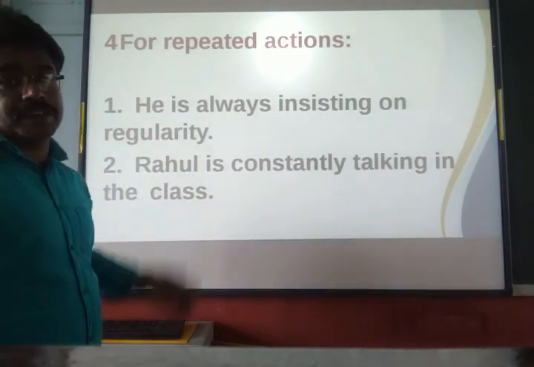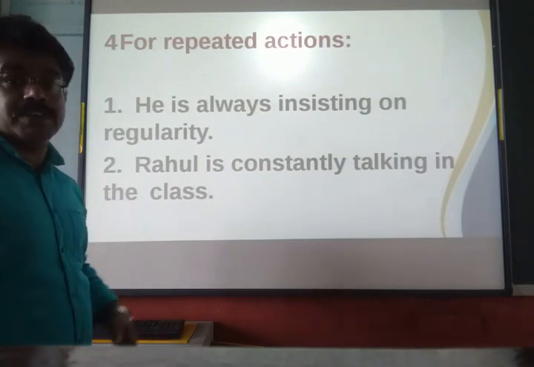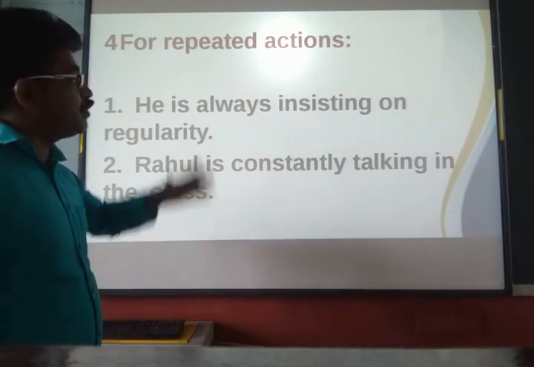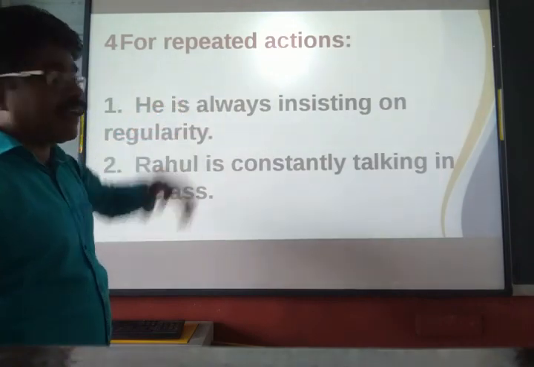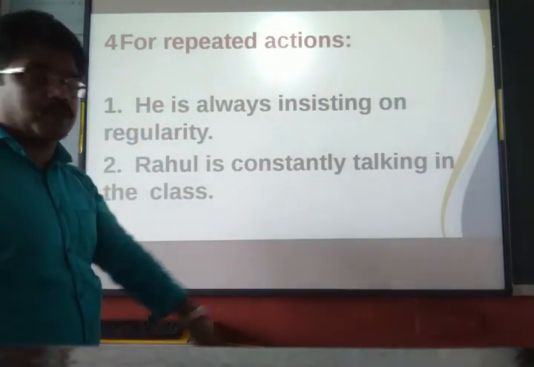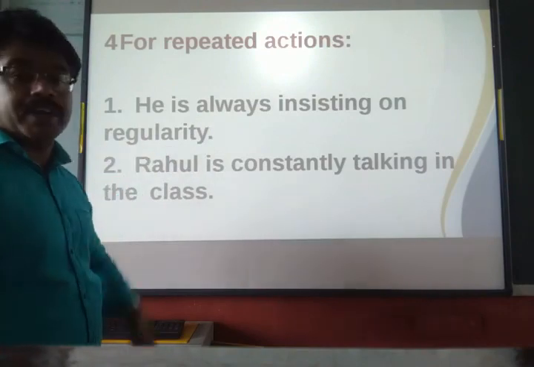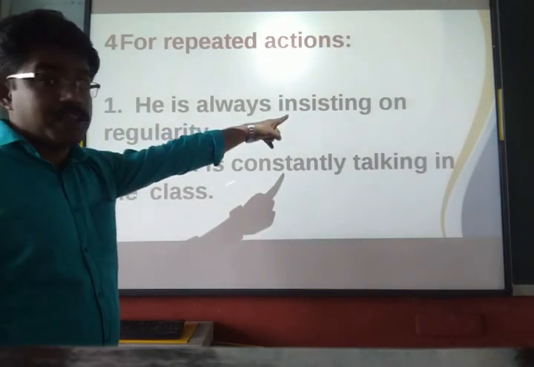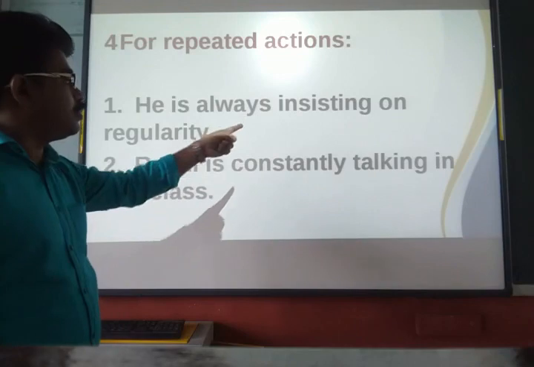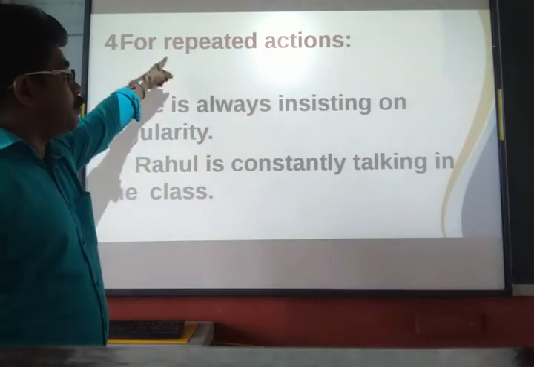Now, for repeated actions. We spoke about habitual action; in the same way, there are repeated actions, activities that go on forever. He is always insisting on regularity. Insisting on continuity is always a repeated activity.